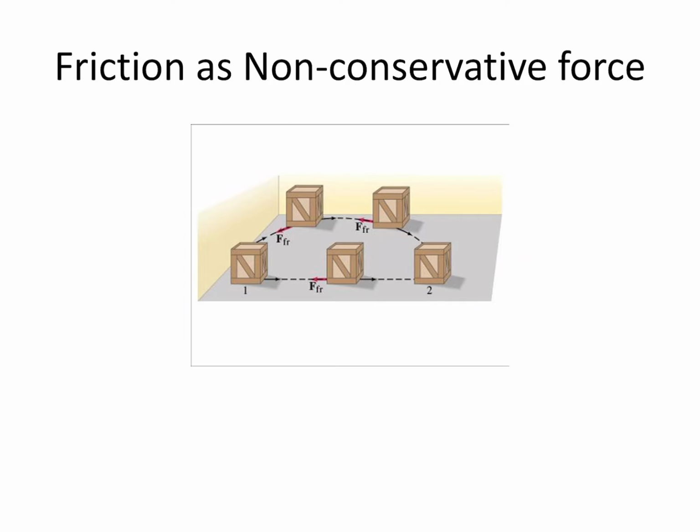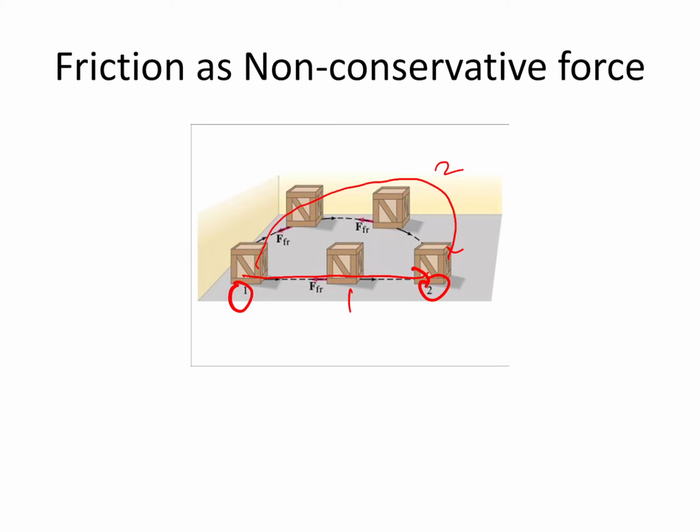Okay, what is non-conservative force? Example, friction. If you have a box, you want to move it from position 1 to position 2, you can go straight, which is the shortest distance between 1 and 2. Or you can go around the room, going past 2.